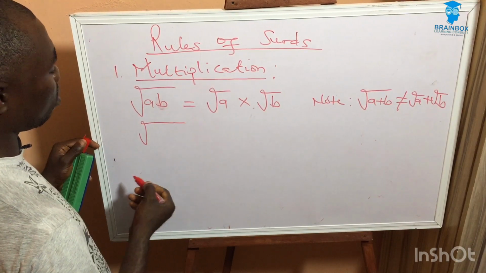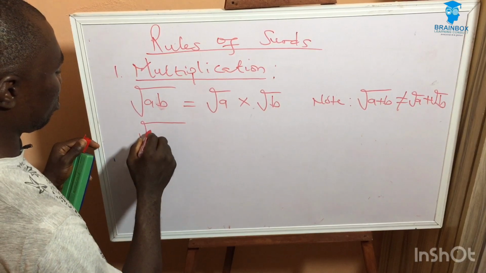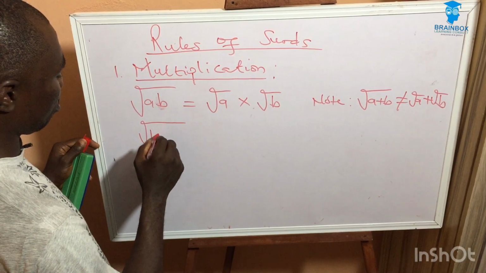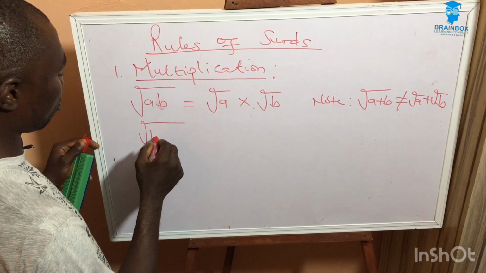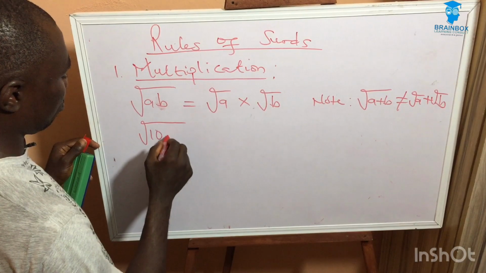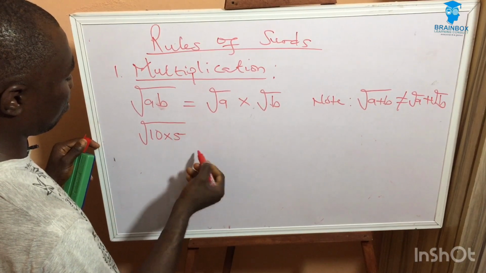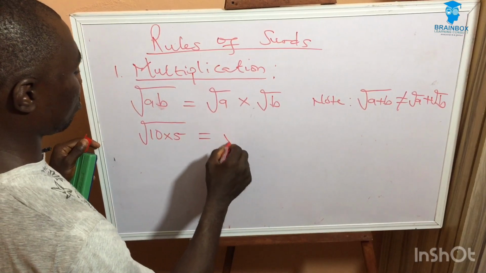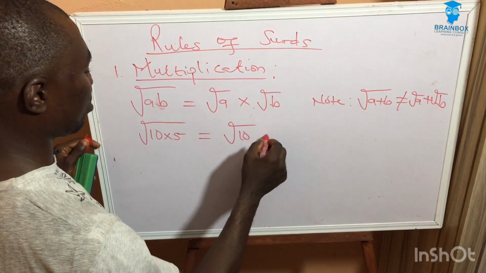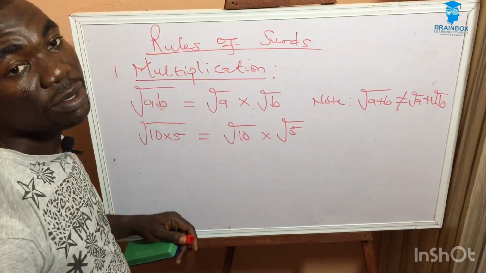Let's pick an example: 10 times 5. Root of 10 times 5 can be root 10 times root 5.